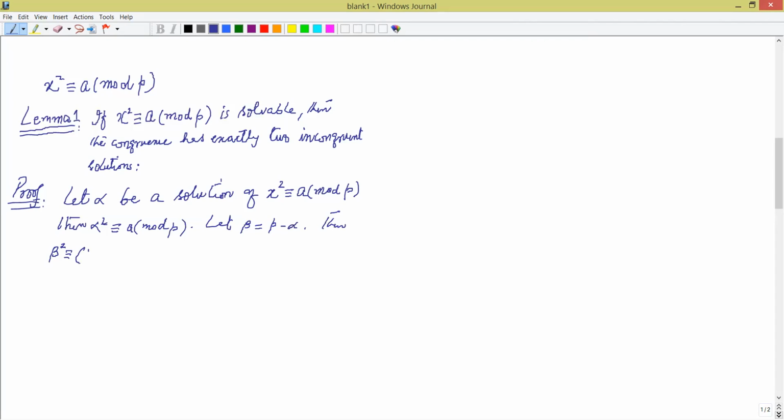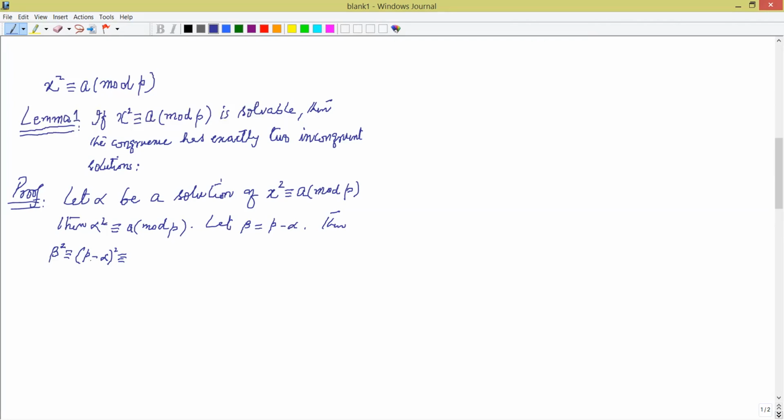We take a square here, so (P minus alpha) square, which will be P square minus 2P alpha plus alpha square.